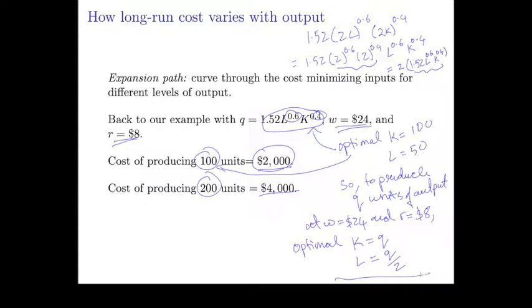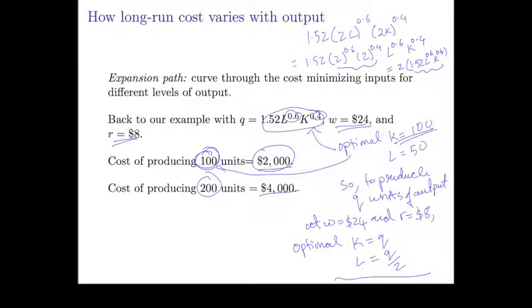Just hang on to that because we're going to use it in a little bit. This just comes from the fact that when we solved it for quantity of 100, we found that K equals 100 was optimal. You can refer back to the earlier video for that.